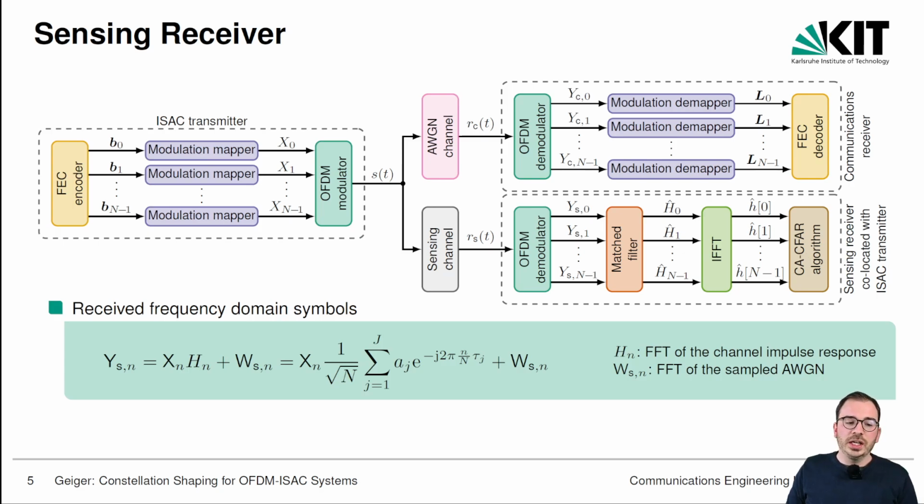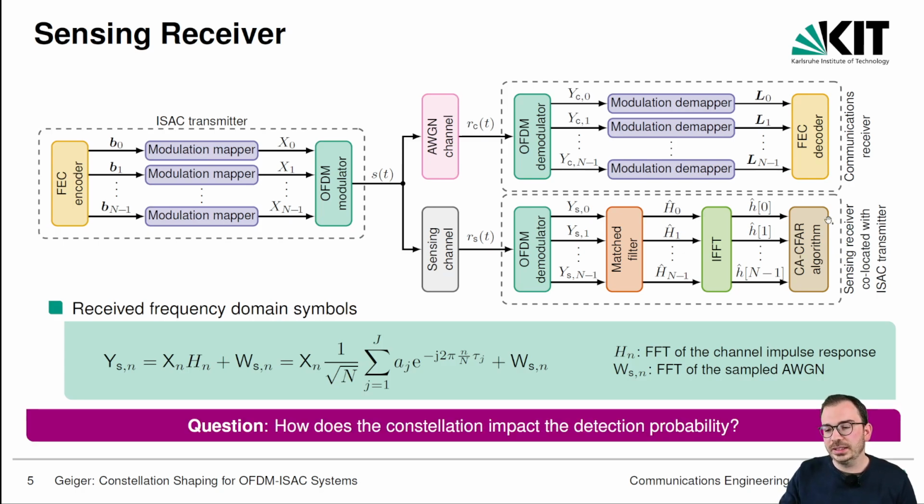So now the fundamental question arises: how does the detection probability after the CFAR algorithm depend on our used modulation X? To answer this question, we will now go through the sensing receiver architecture in the reverse order.